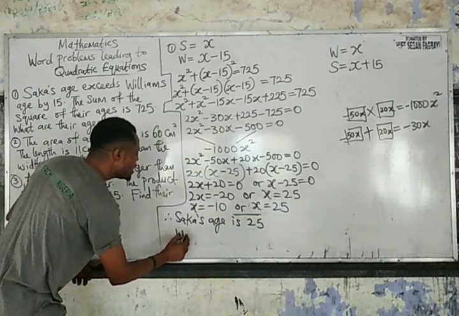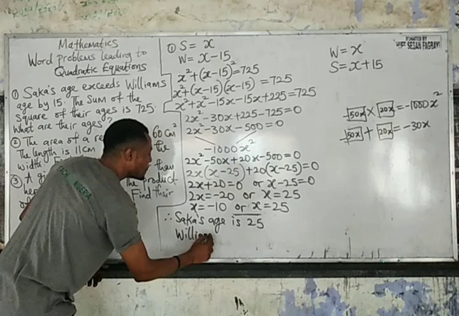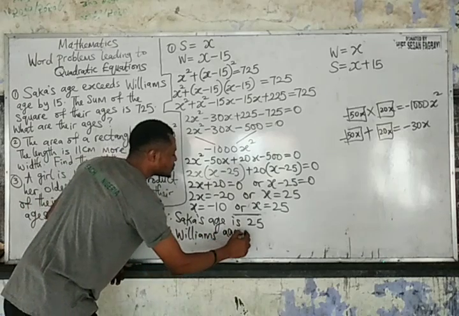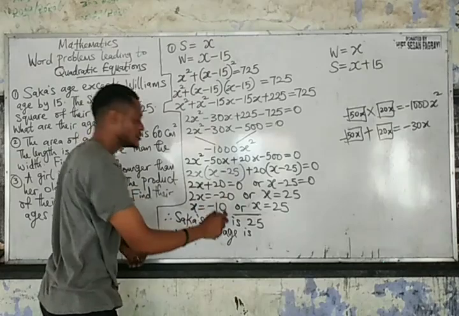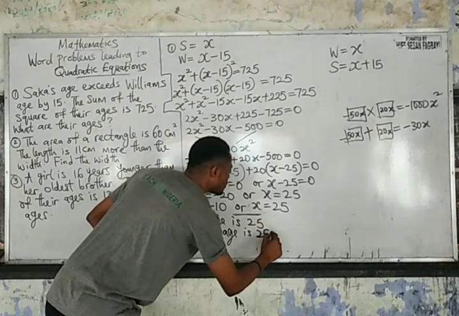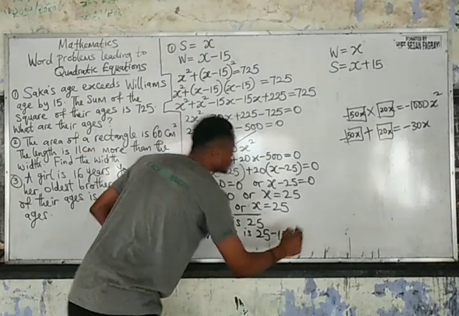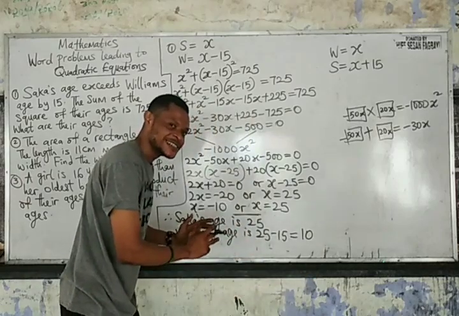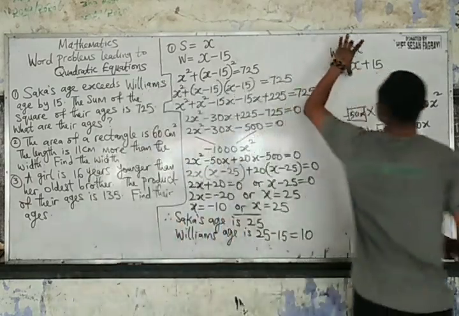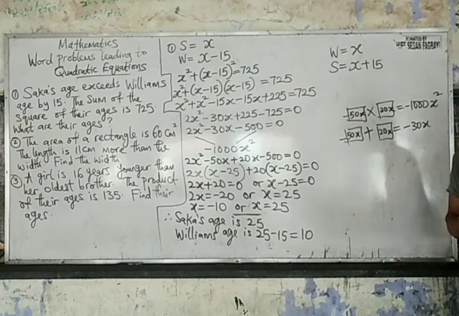While Brilliant's age is that 25 minus 15. Well, let's write it. Minus 15, which will result to 10. Easy. If you have used this method too, you have the same answer.